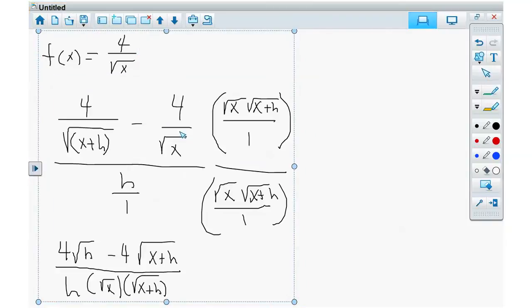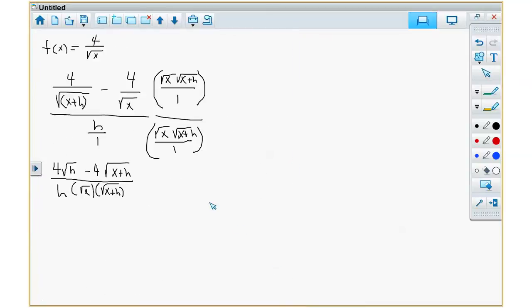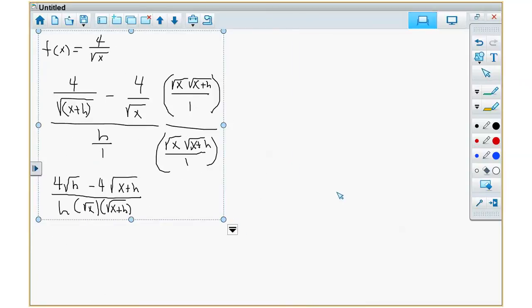I'm fixing it for some of y'all that can't see the bottom. There you go. All right, now you need to simplify it. Well, we got to use the conjugate. This one uses both the common denominator and the conjugate. So the conjugate of 4 square root of x plus h minus 4 square root of x is what?